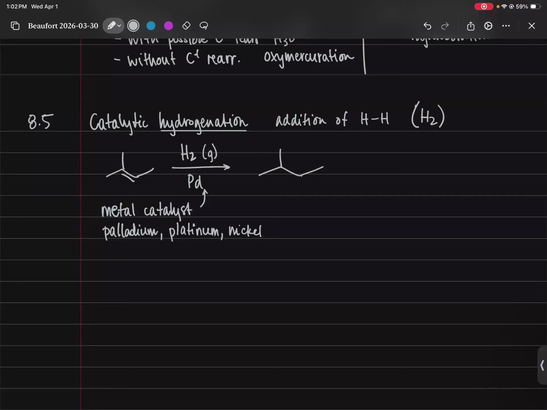And this is going to add a hydrogen to each of our, it's just going to get rid of the double bond, basically. So we could write it just like this, because it's just an alkane.